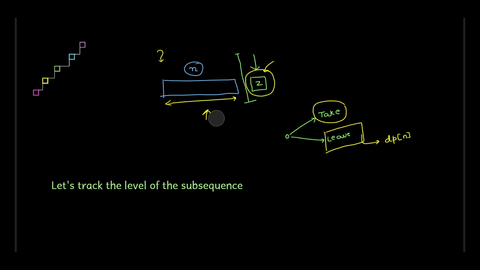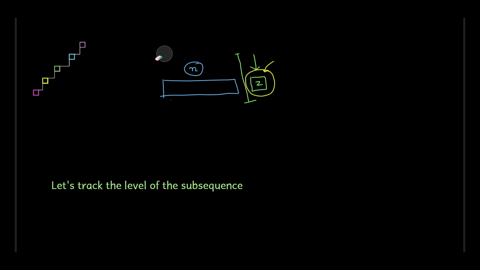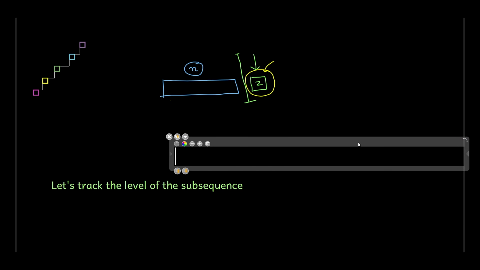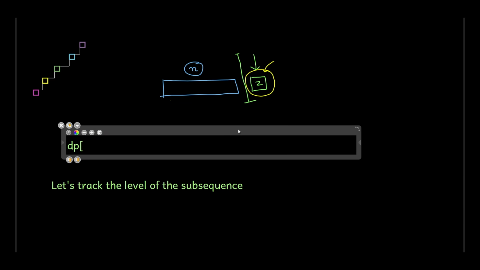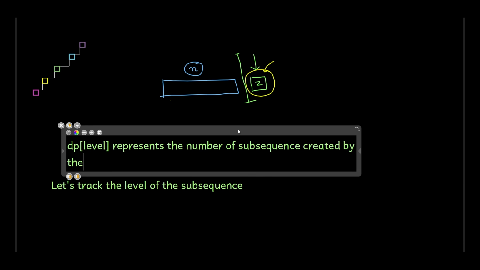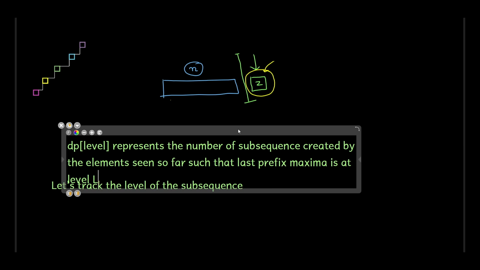So we will modify this DP definition: let's say DP of level L represents the number of subsequences created by the elements seen so far, such that the last prefix maxima is at level L.